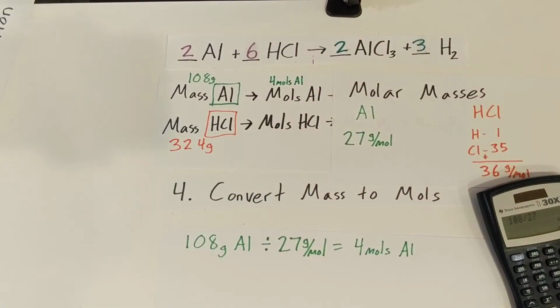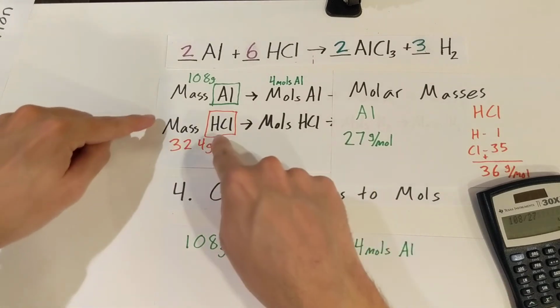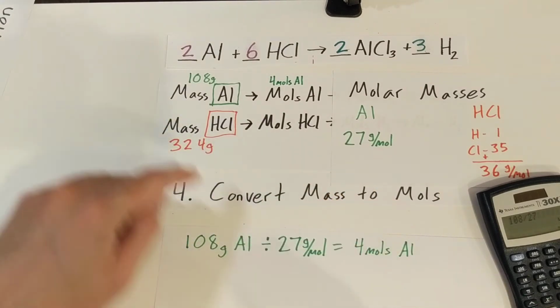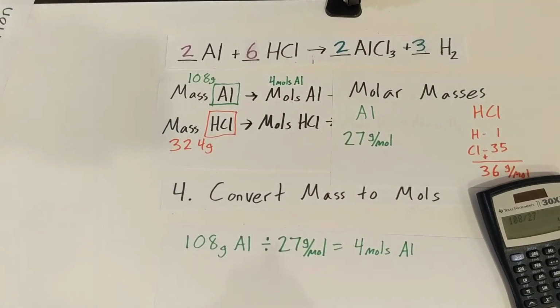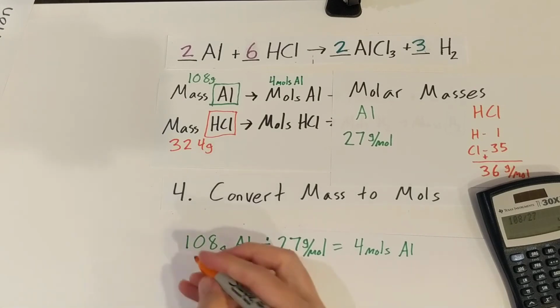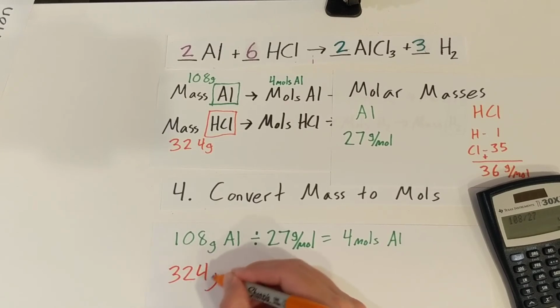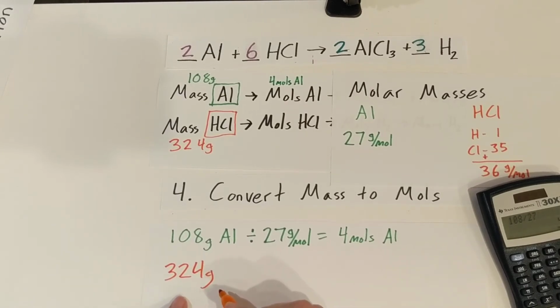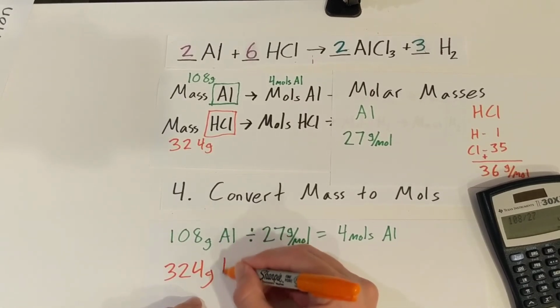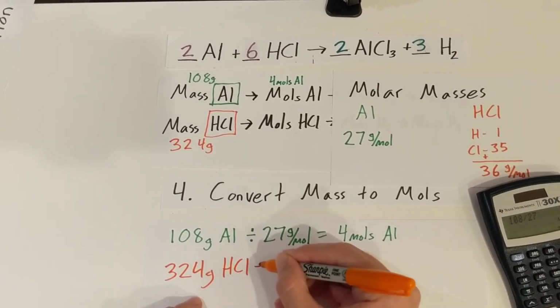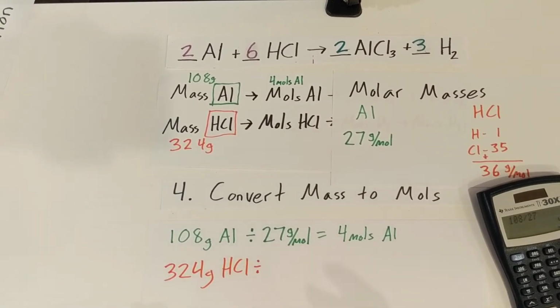aluminum. Now let's do that exact same thing with HCl. So we said we started with 324 grams. That comes straight from the problem, straight from that question. And we're going to divide it by our molar mass.